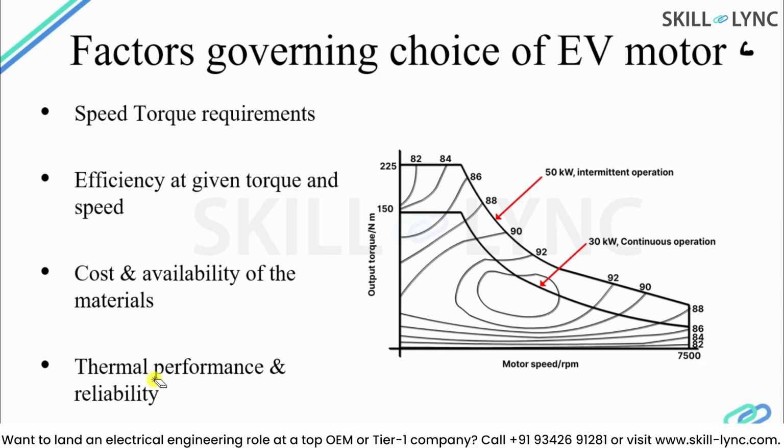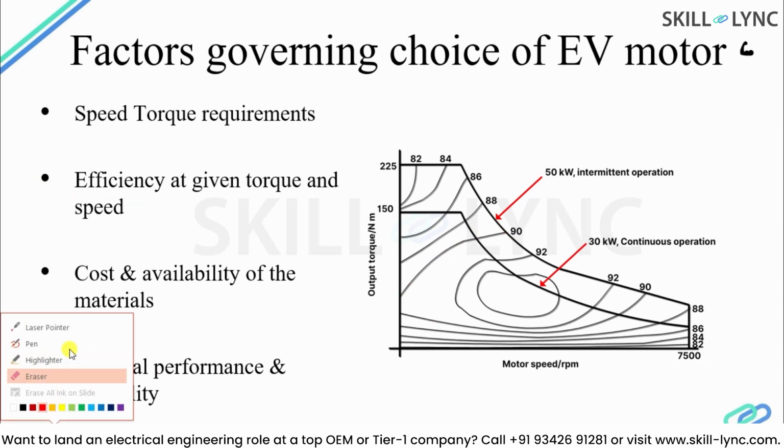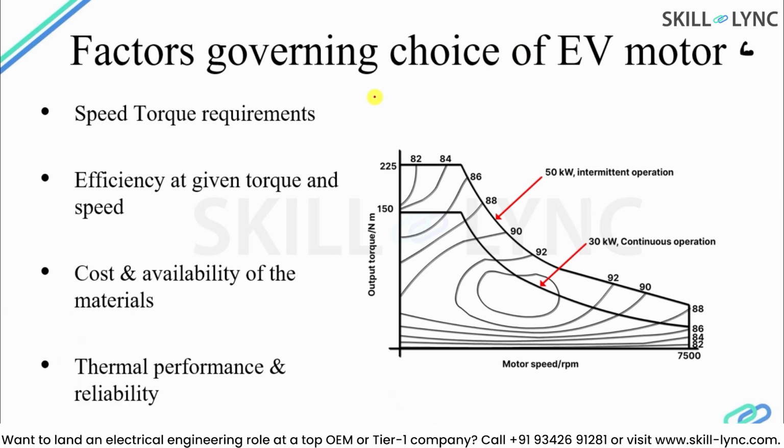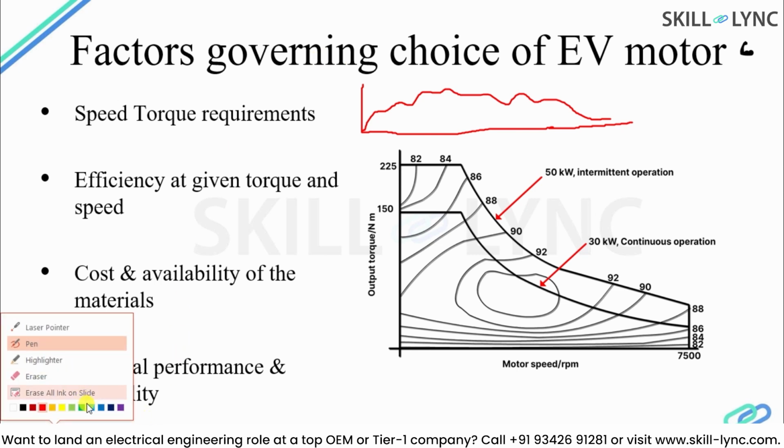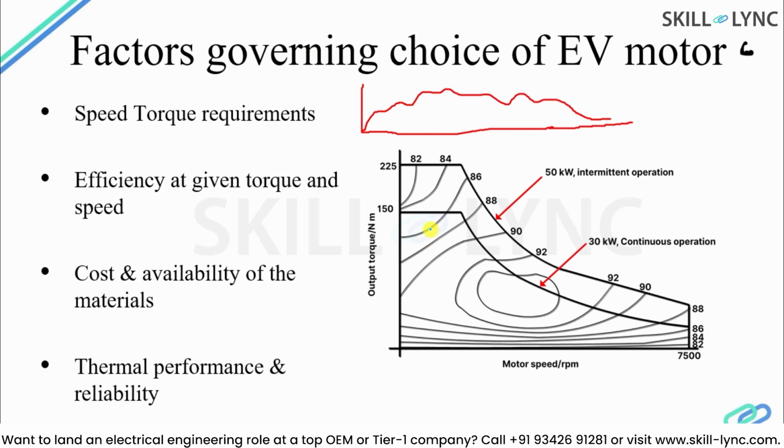When you talk about a drive cycle, let us assume that our drive cycle, which is speed versus time, is something of this nature. This is the speed versus time, and this is how we are running our vehicle. For all those speed values, we might have points in the graph located over here.